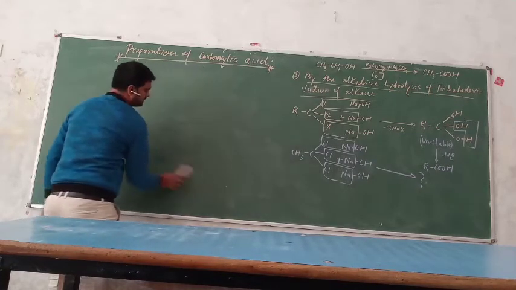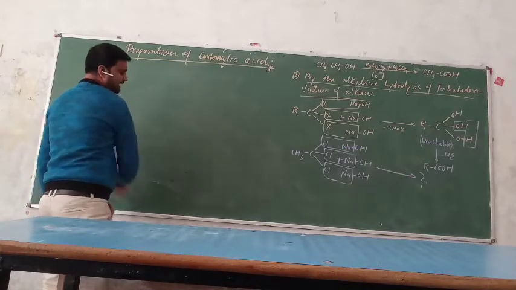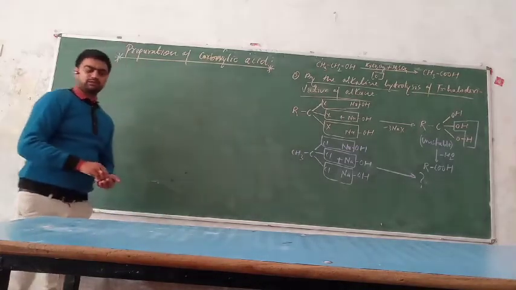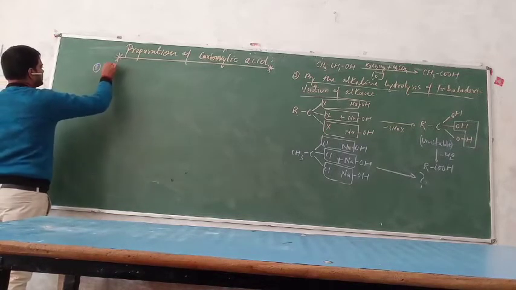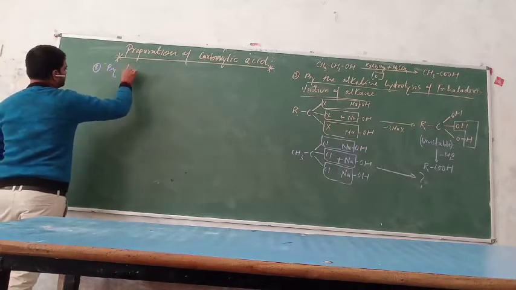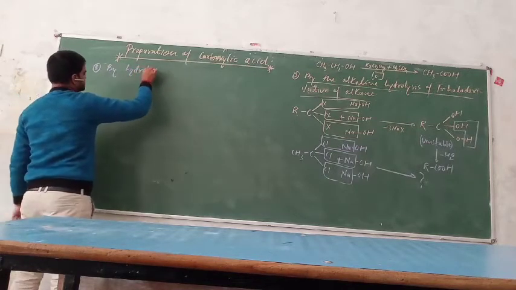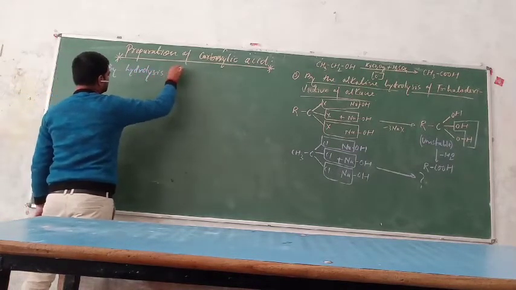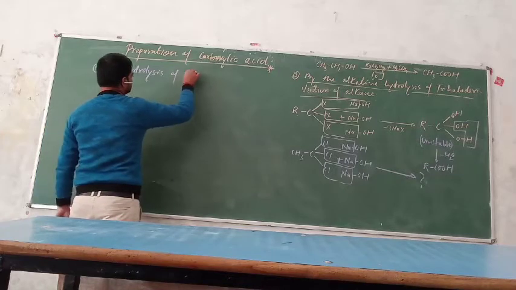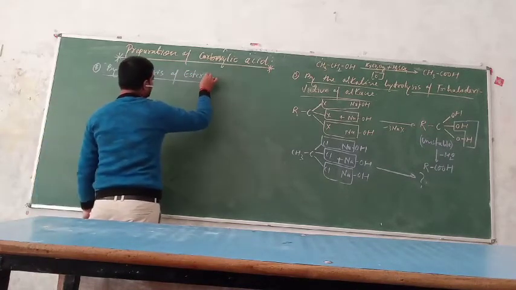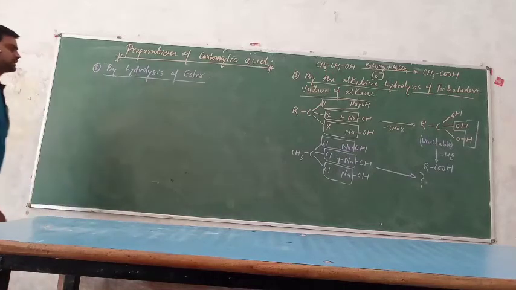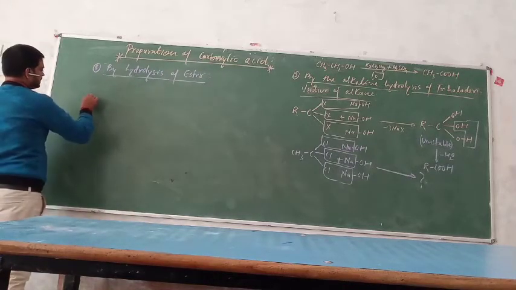This is the fourth number. By the hydrolysis of ester, we have to prepare the carboxylic acid. How will the hydrolysis of ester occur?